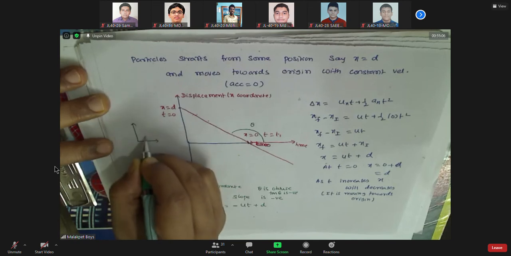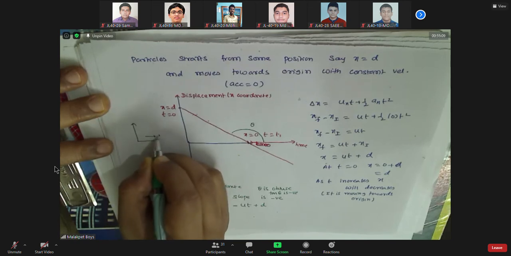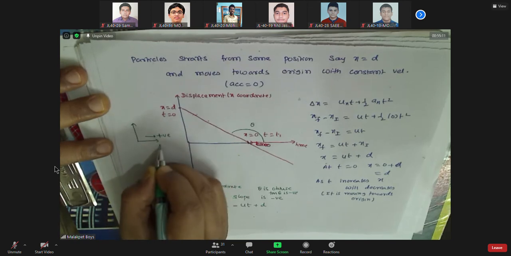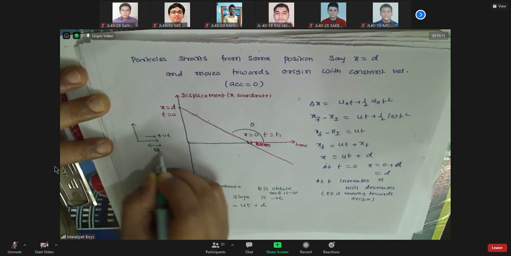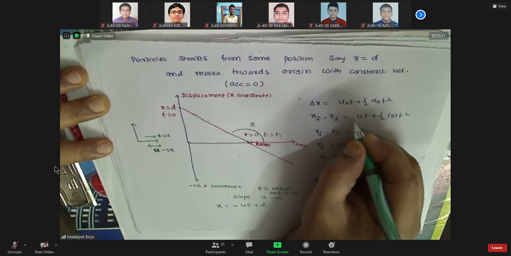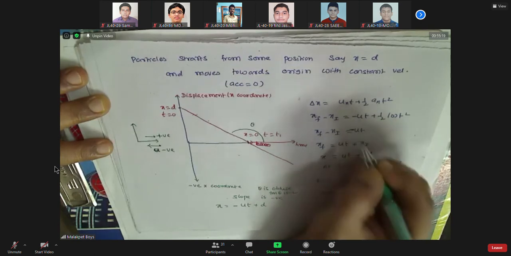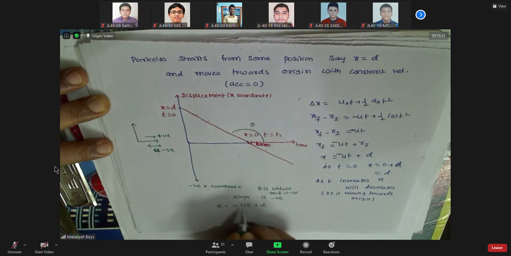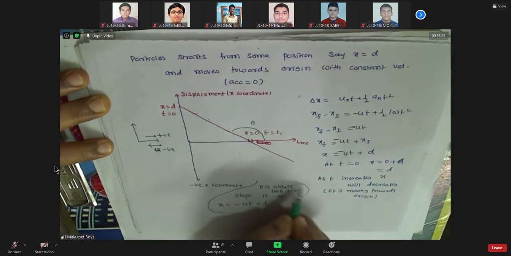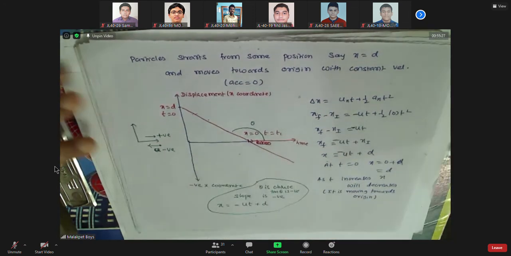If the particle moves this way, it is positive we have taken. The particle is moving like this, so u is negative, no? Here only we should take the sign. That's the reason why you will get this. Clear?